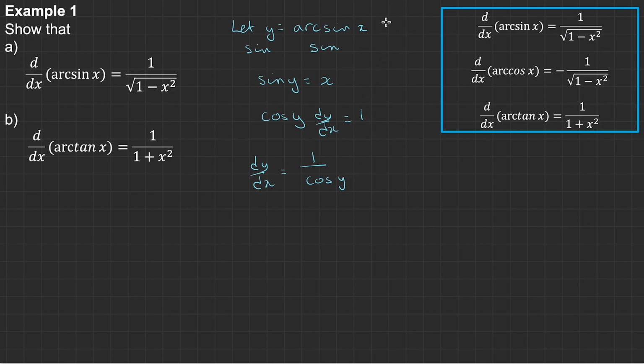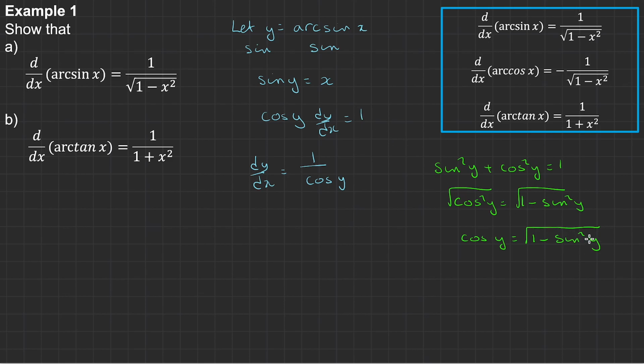But now we can use the trigonometric identity to take this further. We know sine squared y plus cos squared y is equal to 1. So cos squared y will be 1 minus sine squared y. And then we can take the square root of both sides. So cos y will equal 1 minus sine squared y, square rooted. But we said here that sine y is equal to x.